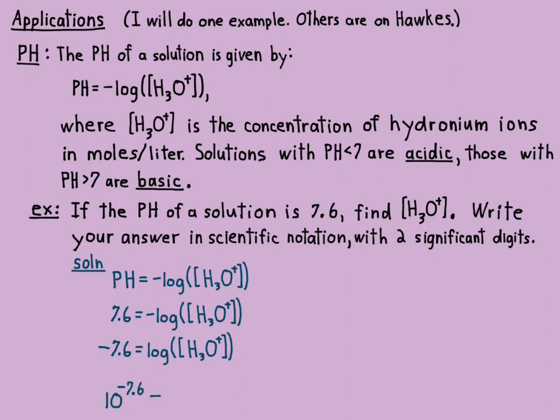That was a mouthful. So we get 10 to the minus 7.6 equals 10 to the log of the concentration of the hydronium atoms. And then the exponential function base 10 here and the log base 10 cancel, and you just get the concentration of the hydronium atoms on the right side. So we got rid of the logarithm, see?